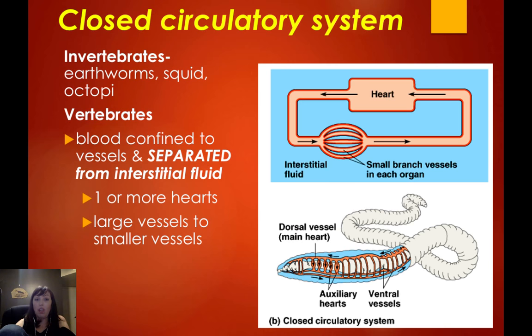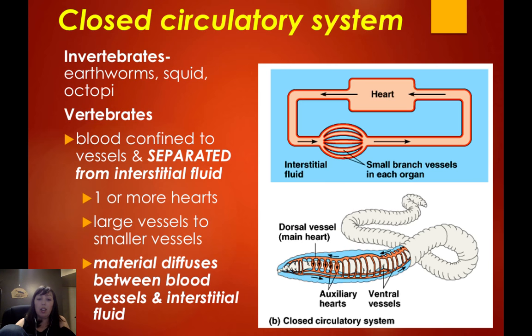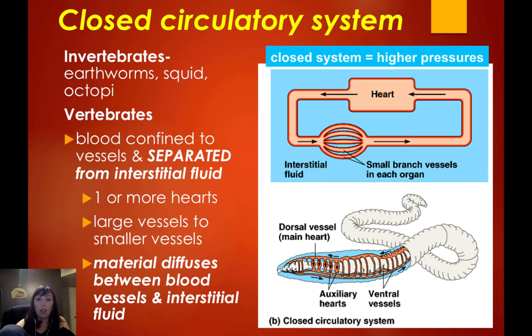They tend to have large vessels and range from large to small vessels. And material diffuses between blood vessels and the interstitial fluid. Okay, so things will move between the blood and the interstitial fluid through capillaries, capillary beds and whatnot. Okay, so a closed system means higher pressure.